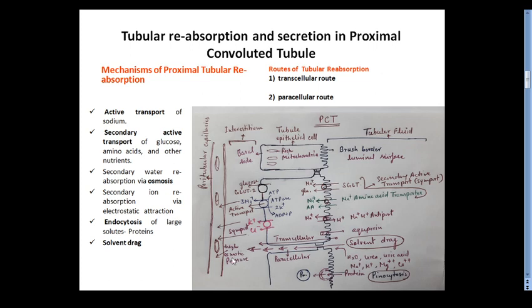This high osmotic pressure creates an osmotic gradient, and along with the water, urea, uric acid, magnesium, calcium also pass into the interstitium. So the mechanisms involved in the renal tubules are active transport, secondary active transport, osmosis, endocytosis and solvent drag.